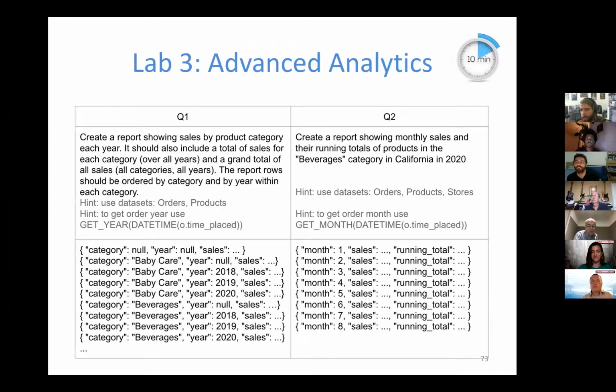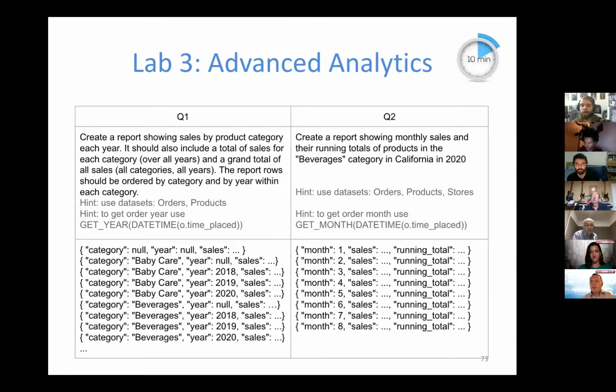Basically, you start with a grand total and then roll up by product category, and then break down by individual year. The second report we need is called Q2 and has to do with running totals. We'd like to analyze monthly beverage sales in California in 2020.